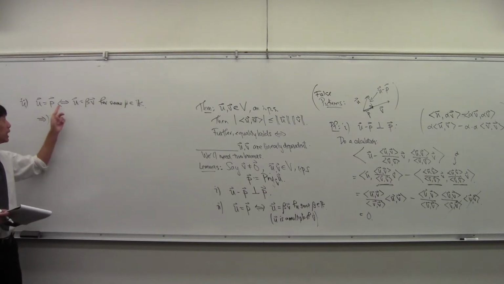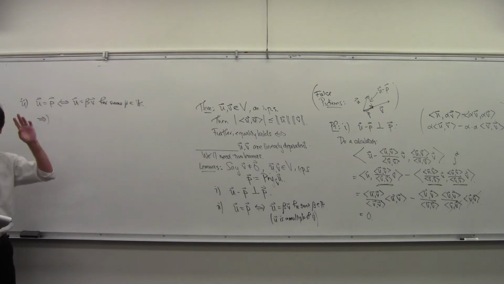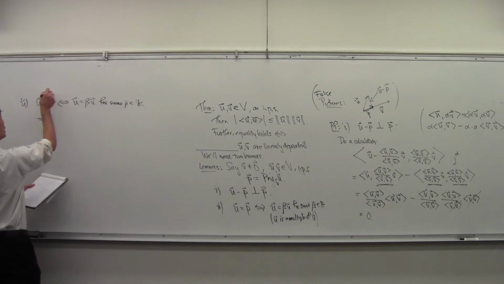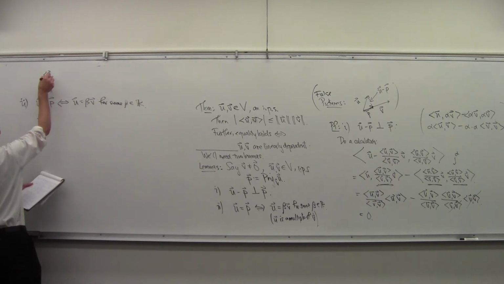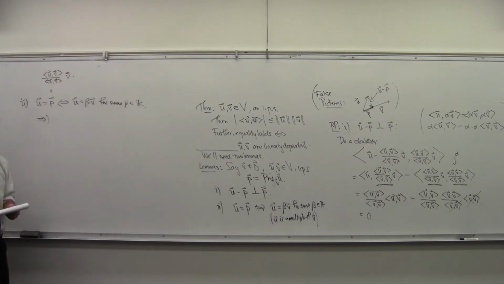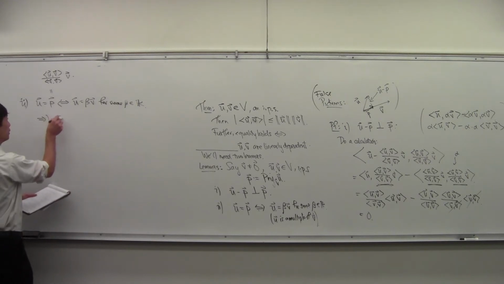This is just remembering the definition. What's the projection? The projection, remember, is the inner product of U and V over the inner product of V with V, times V. So if U equals the projection, it's definitely a multiple of V. That's what the projection is. The projection is some number times V. So this direction is trivial.